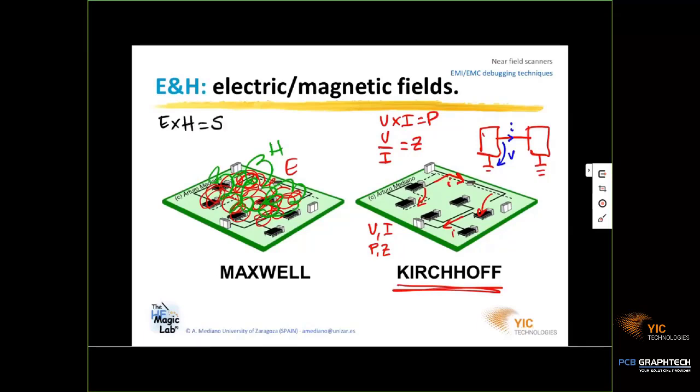This is related with the energy of the signal, and we can calculate the ratio. These are the units of electric field and magnetic field. This ratio is in ohms, so this is what we call wave impedance. Typically, we consider that electric field is related with voltage in the other point of view, and magnetic field is related with current in the other point of view.